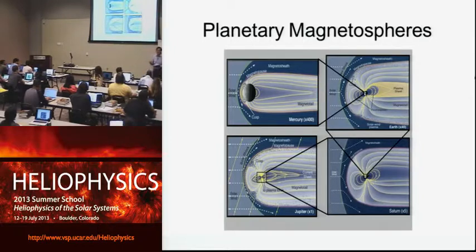Mars has remnant crustal magnetic fields, so part of the surface still has magnetized rock that can extend out into the Mars thermosphere, ionosphere, and so you start getting mini magnetospheres depending on where you are in the Martian atmosphere.